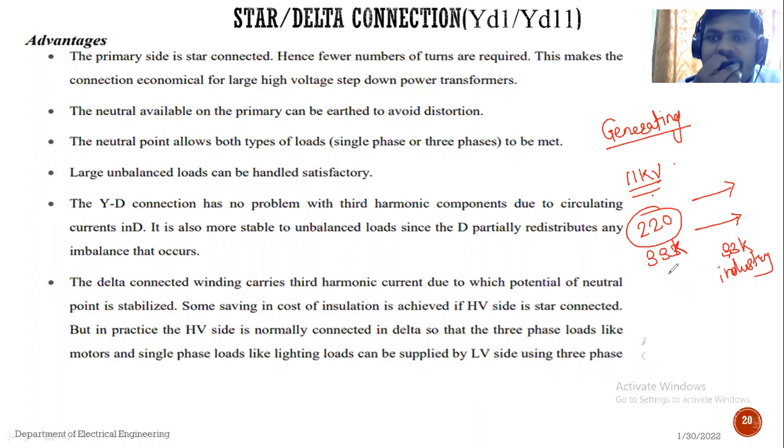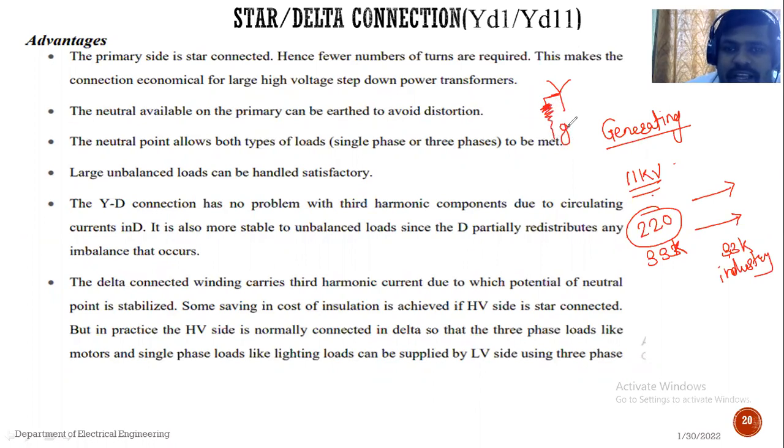So this is the first advantage, that is fewer number of turns, and it makes the connection economical for large high voltage step down power transformer. The neutral available on the primary can be earthed to avoid distortion. Now the primary side is connected in star, so one neutral point can be taken. This neutral point can be connected to ground.